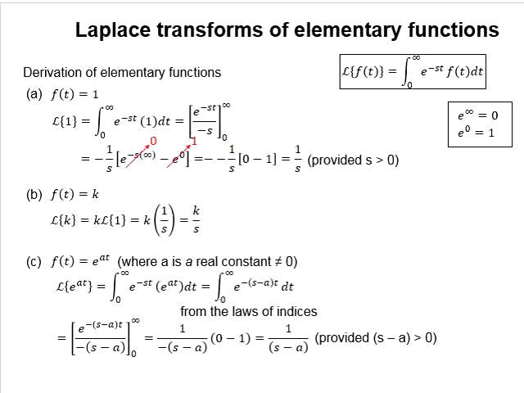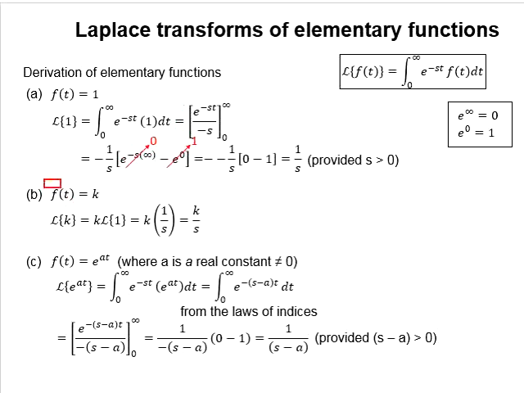It is noted that e to the power of minus infinity will equal 0, while e to the power of 0 will equal 1. Substitute the relevant values into the function, and you will be able to obtain the final solution. In this case, the Laplace transform of 1 will give you 1 per s.